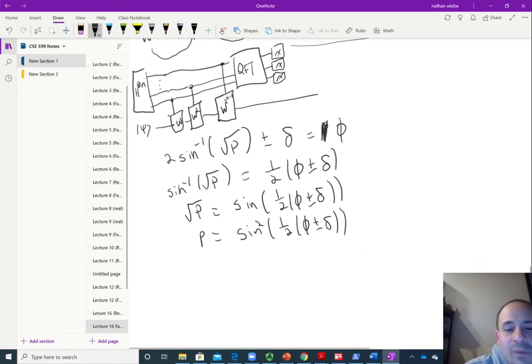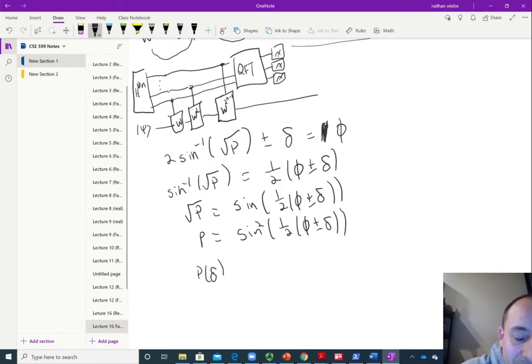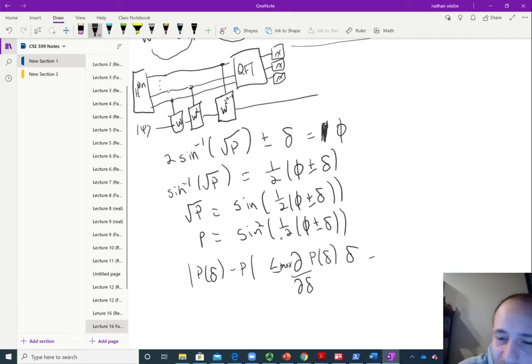Okay? Now, just in order to be able to figure out the maximum deviation that we can see, we could end up using Taylor's theorem and think about this as the probability as a function of delta minus the probability at zero, whose absolute value is less than the maximum derivative with respect to delta of p of delta times delta, which in our case, because this is all order 1, is order delta.